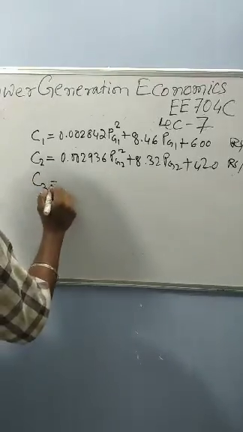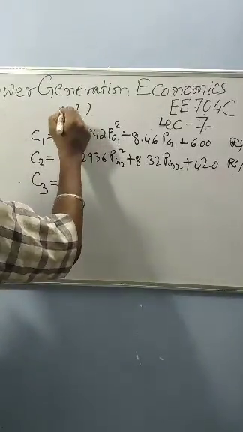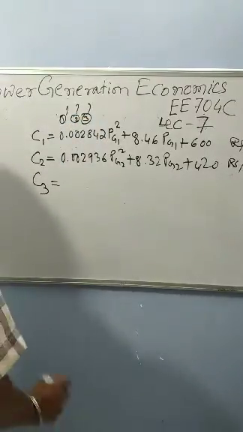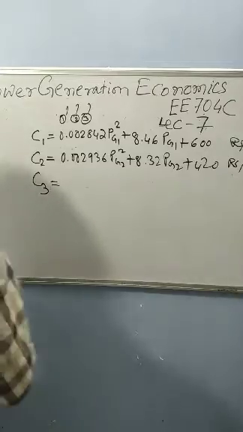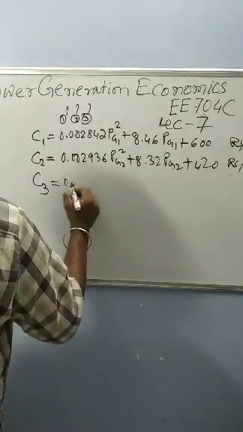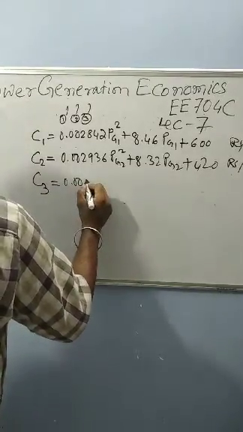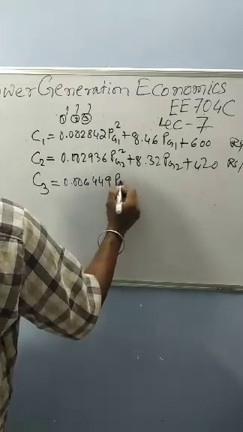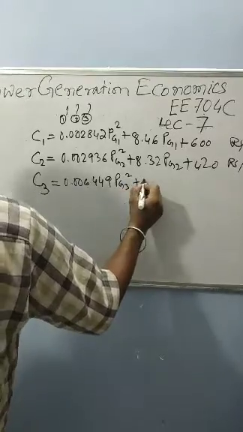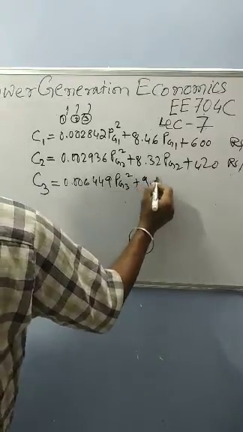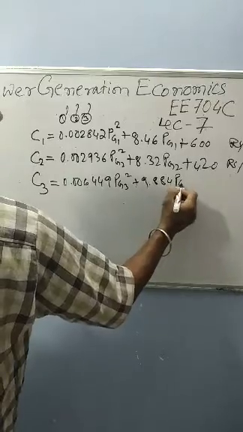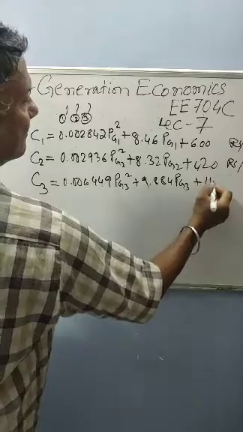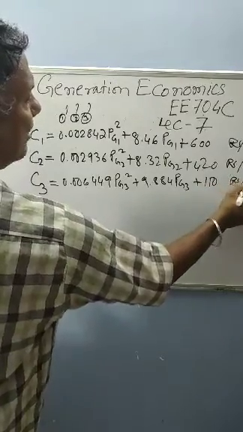And the cost function for the third unit, 1 number, 2 number, and the 3 units are there, and the cost function of the third unit is 0.0064464449 Pg3 square plus 9.884 Pg3 plus 110 rupees per hour.